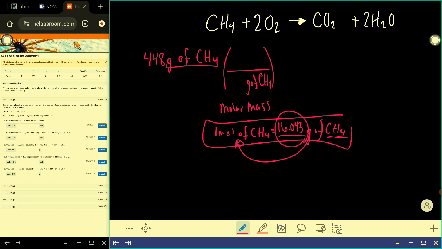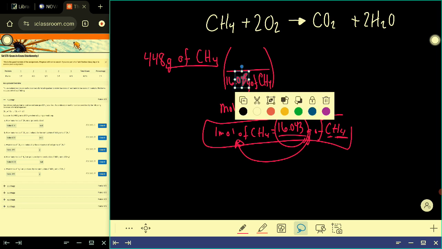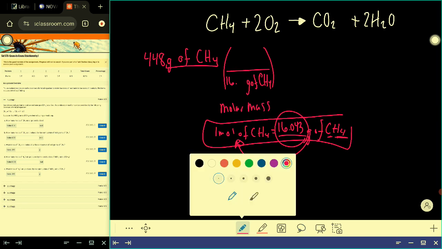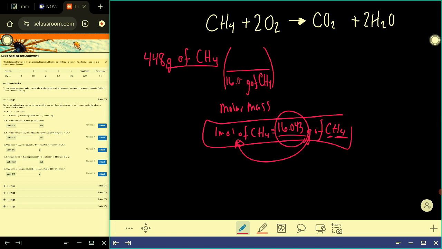I have 16.043 grams of methane. I'm going to try to rewrite that with the finer points so you can see it better. 16.043. That's going to be the same for all of us because that is the molar mass of methane.